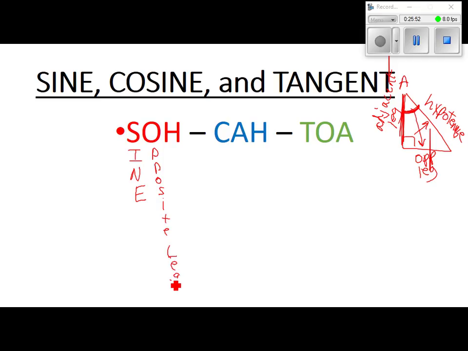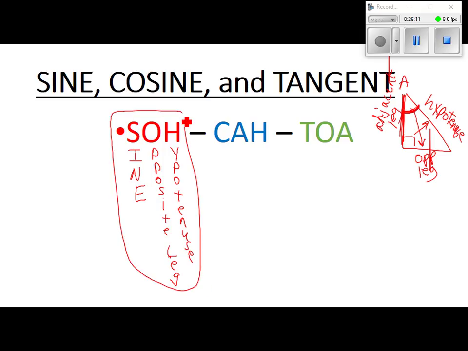Each one of these is a fraction. So the sine is the opposite leg over, what do you think H stands for? Hypotenuse. So that's the sine part, that's the SOH part. Sine is always opposite leg over hypotenuse.